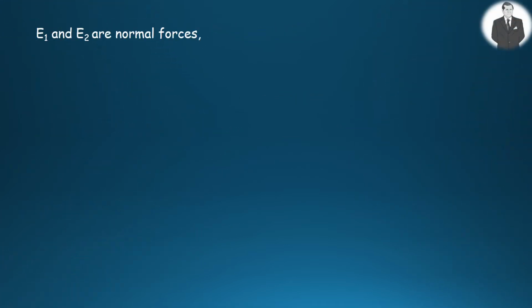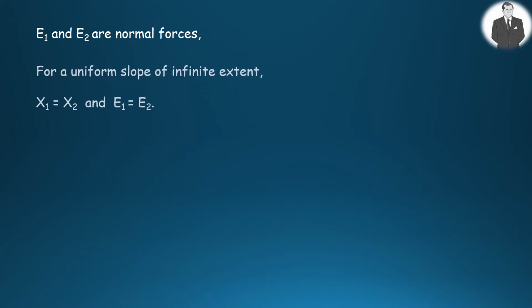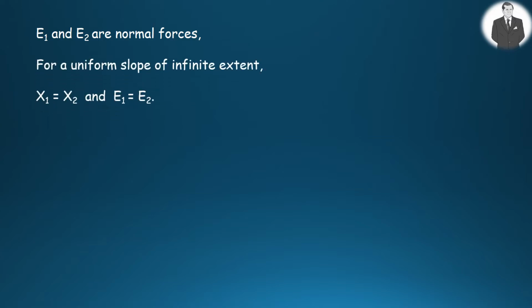And finally, E sub 1 and E sub 2 are normal forces. For a uniform slope of infinite extent, X sub 1 equals X sub 2 and E sub 1 equals E sub 2.